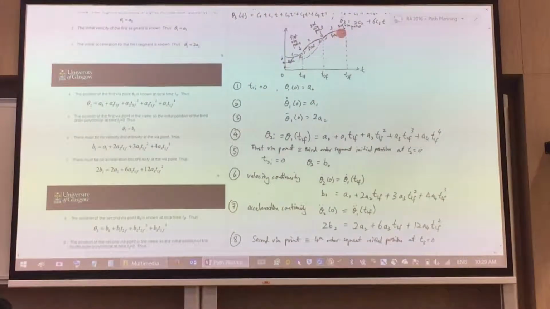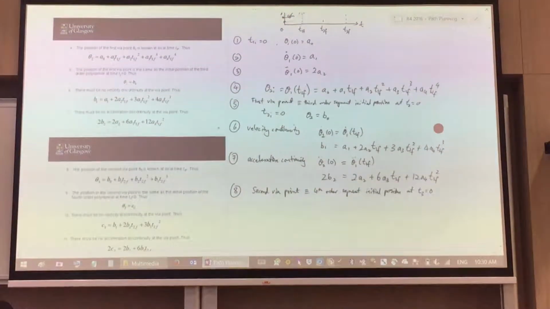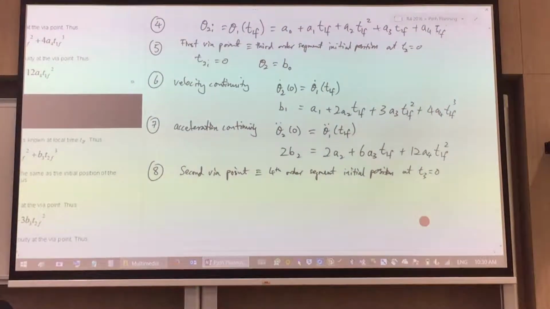But we're going to just take that small little part of it and then try to find it out using this initial condition of time equal to 0. So that's why you have time t3i equal to 0. So if t3i equal to 0 seconds, your theta 3 will be equal to c0, because all time will be equal to 0, so you just get c0.